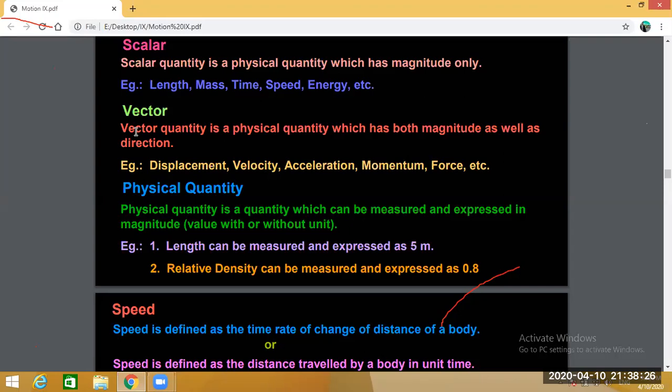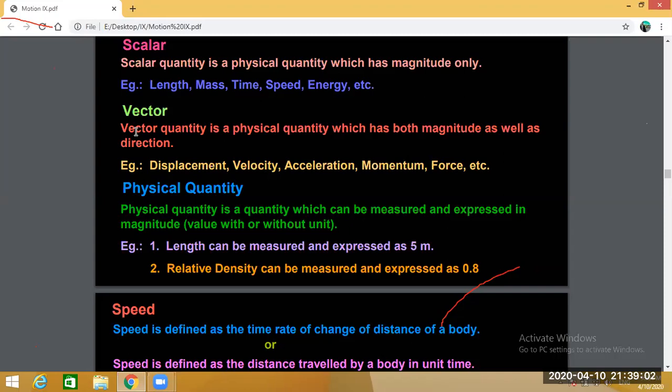As for example, displacement, velocity, acceleration, momentum, force, all these have direction associated with them. That's why sometimes we say we apply force, but then one can ask in which direction you apply. Sometimes we say a bullet moves. In which direction? Direction becomes important. Then all these physical quantities are vectors because they have direction.